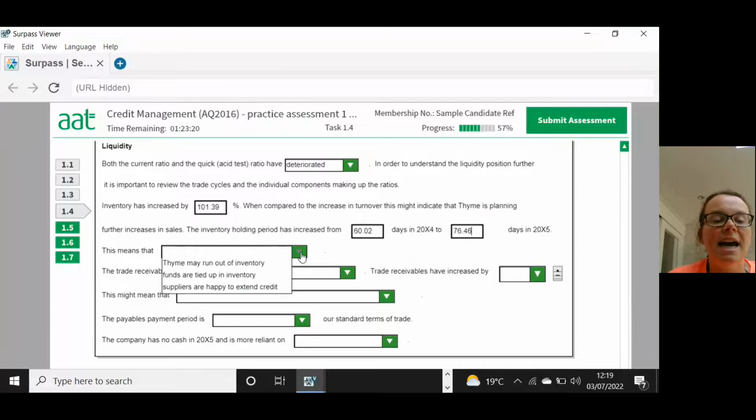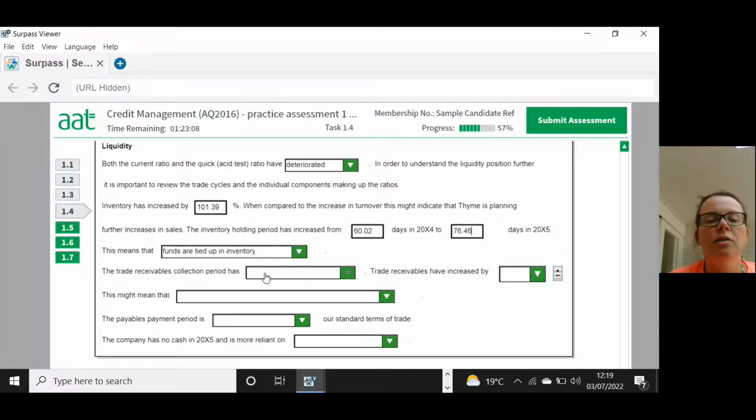This means that the inventory holding period has increased, so we're holding it for longer. So basically we've got our funds tied up in inventory. The trade receivables collection period, I calculated both of these and I got 79 days this year, 59 last year.